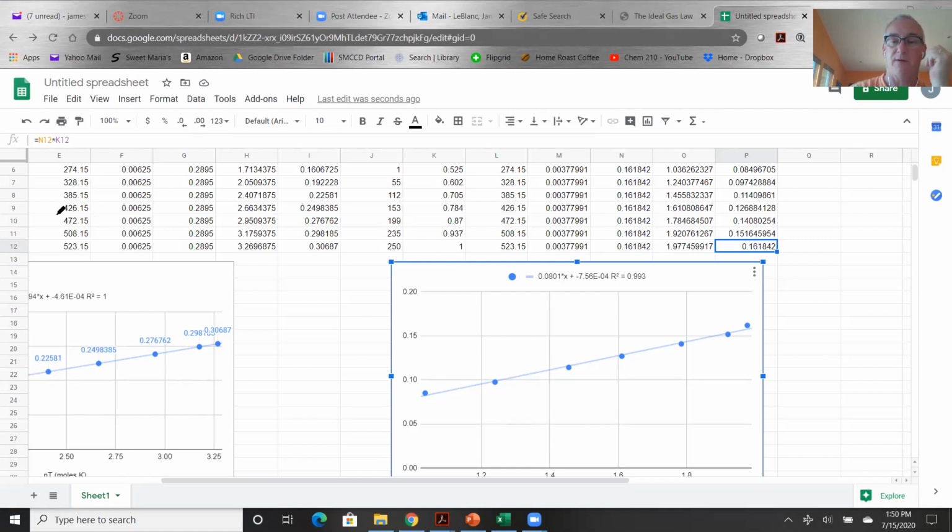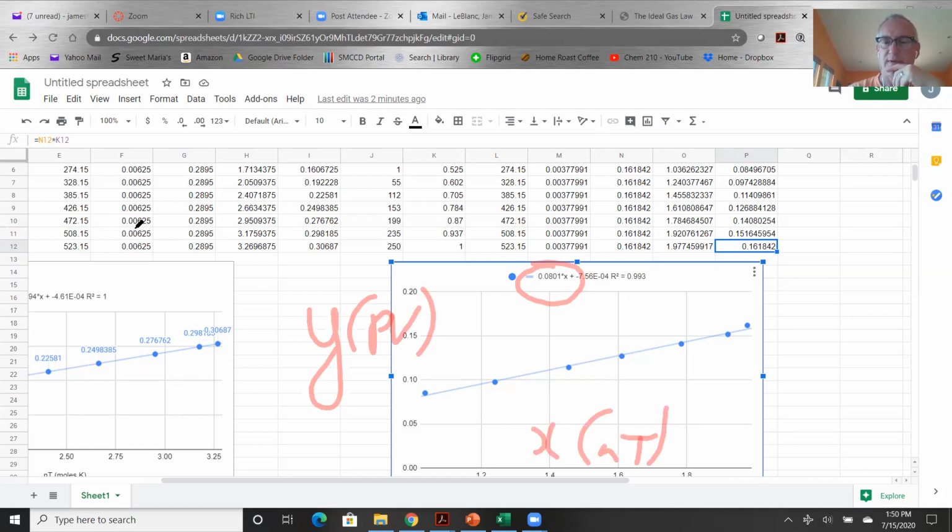0.0801. That's right. So our slope is right there. Because that tells me that our y, which, oh, I didn't put the labels on. So we know that Y is PV, and X is nT.